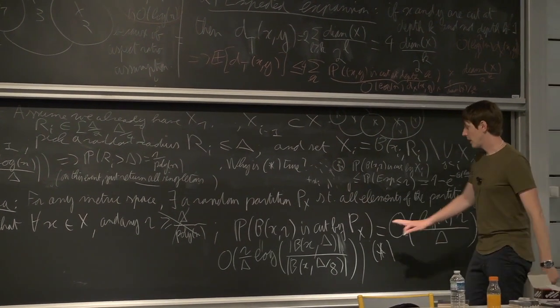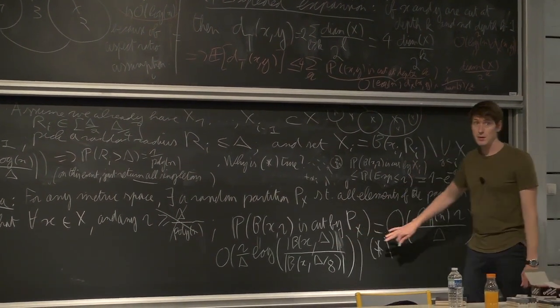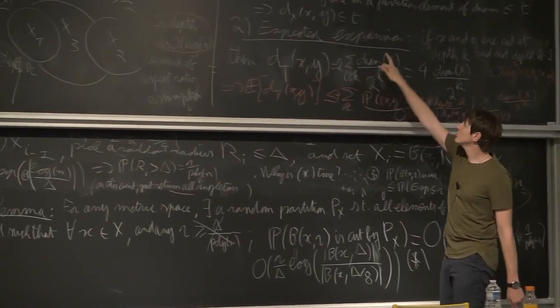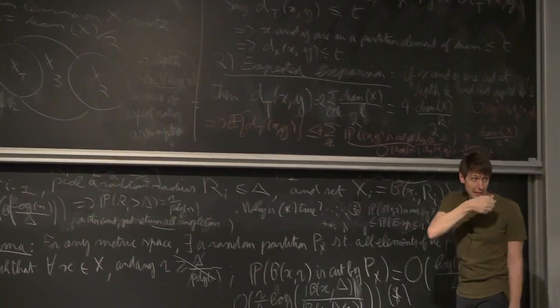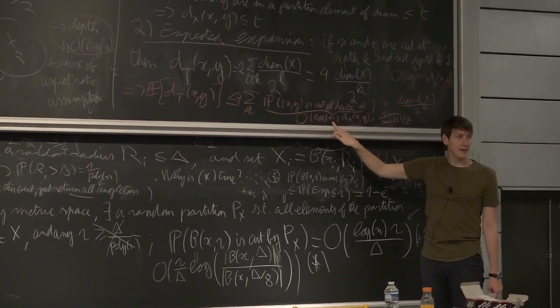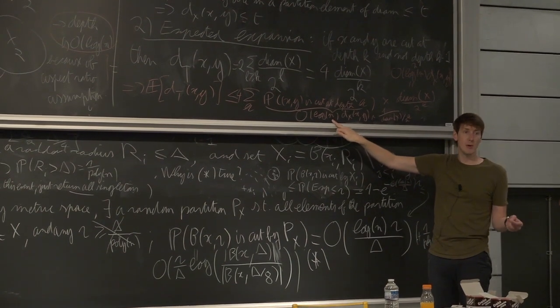And the point is, I will explain how to prove this in a second. But if you have this improved lemma, then you see in the calculation of the expected expansion, what happens is that instead of this log n, you get something which is summable.